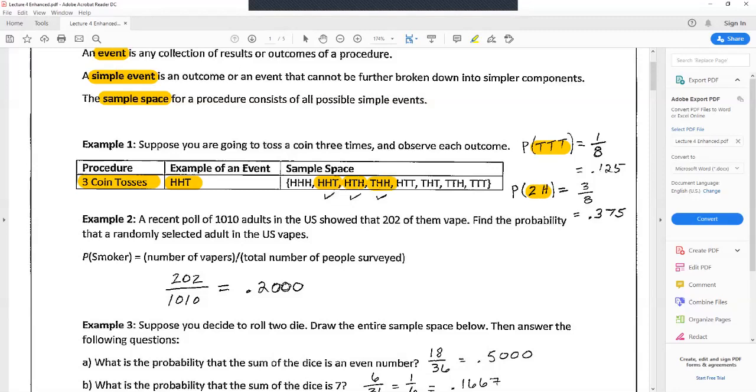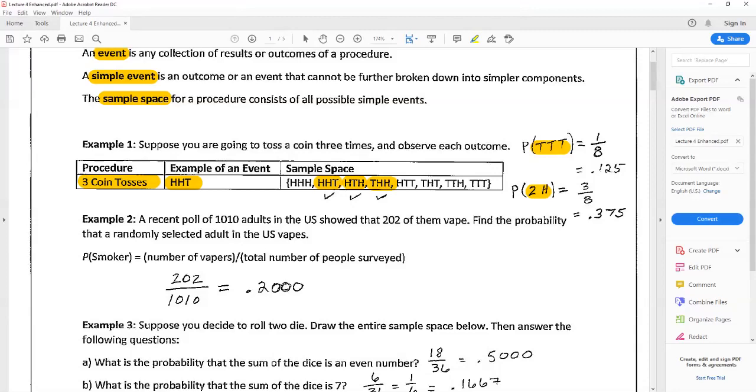So the sample space is very important because it tells us the total number we are using for our probability, and that is going to be the denominator of the fraction. So in this case, the sample space consists of 8 events, and therefore we divided by 8 on those problems.